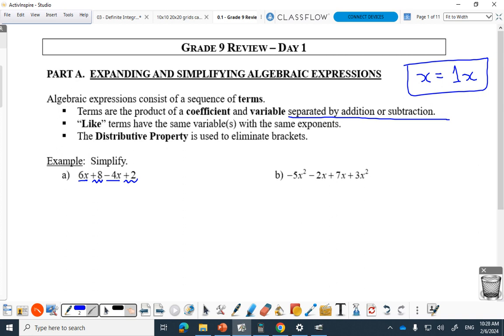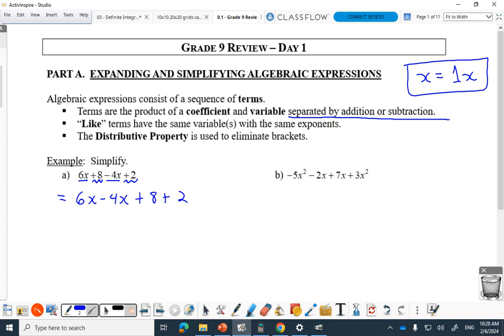I can go, okay, 6x minus 4x plus 8 plus 2. And if you're really good at this and you think I shouldn't write an extra line there, maybe I shouldn't. Maybe that's a teaching move that I need to look at and go, okay, the 6x and the 4x go together, and the 8 and the 2 go together.